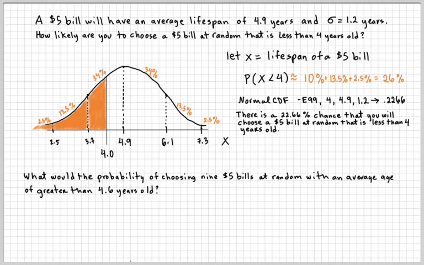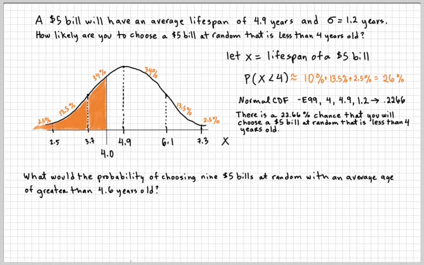Some of them will have 4.9 years of age, maybe 4, maybe 6.1, maybe 5, right? How can you describe all 9? You describe them by finding the sample mean. When you find the sample mean of these 9, then you can describe that set of 9.